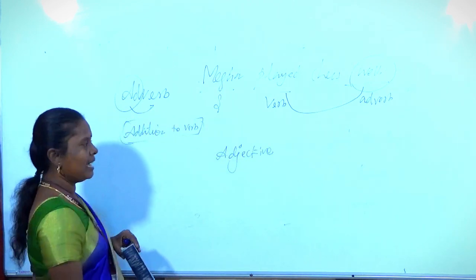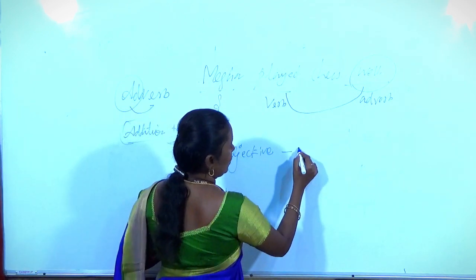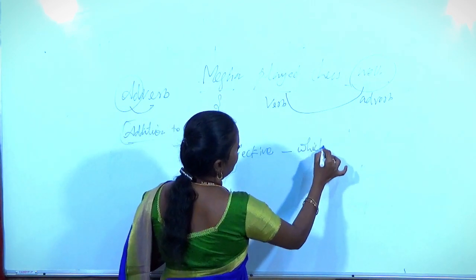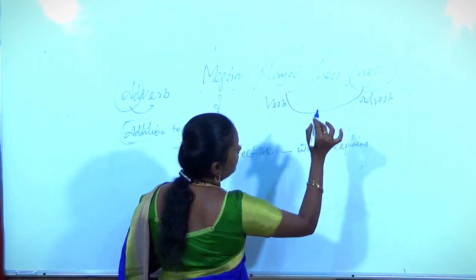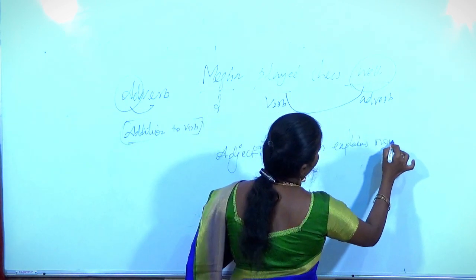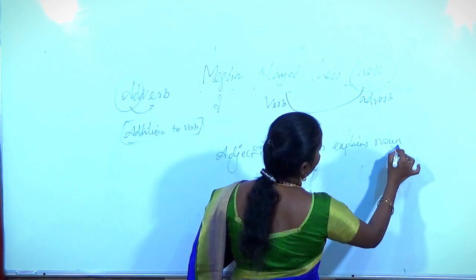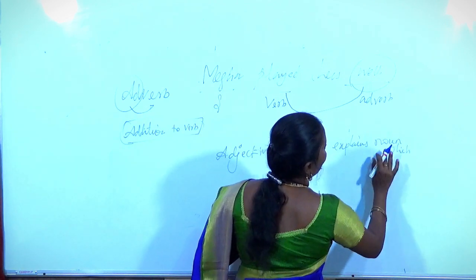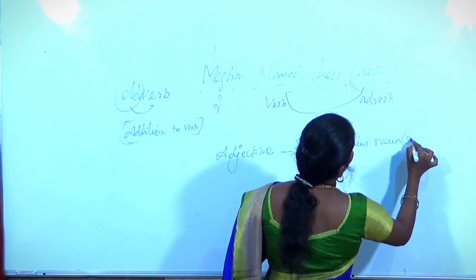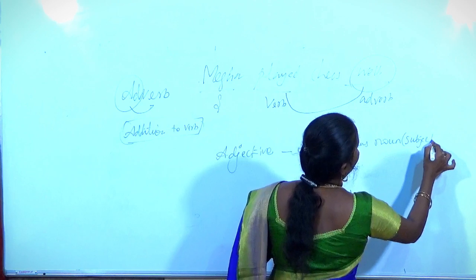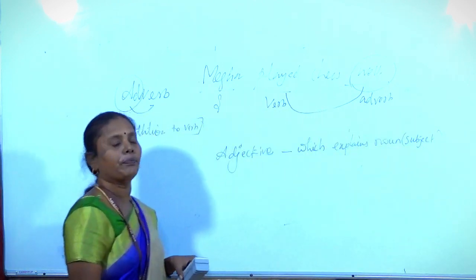And adjective. Adjective is a word which explains the noun which is in the place of subject. That is called adjective.